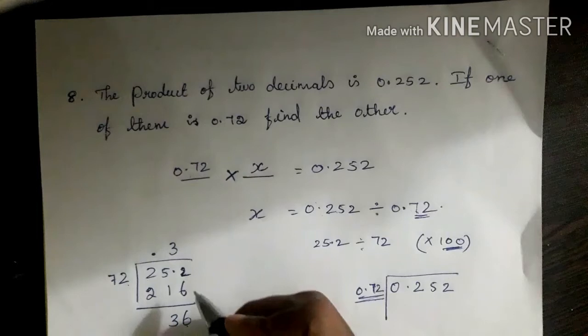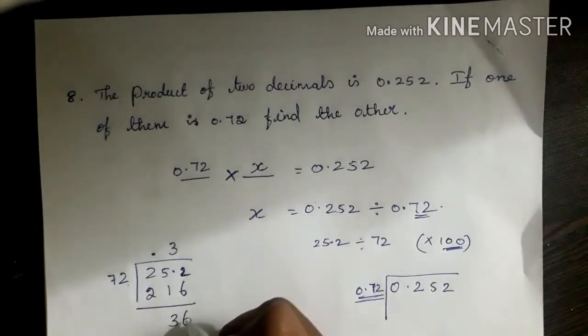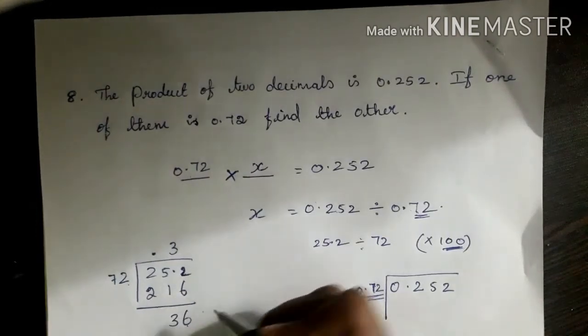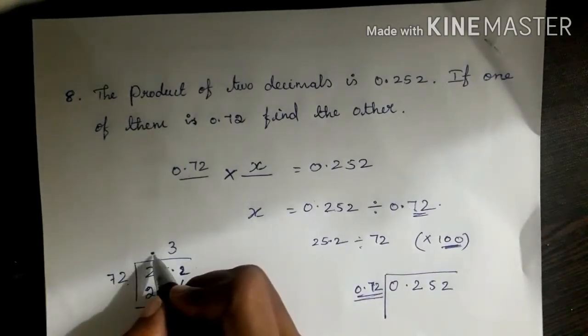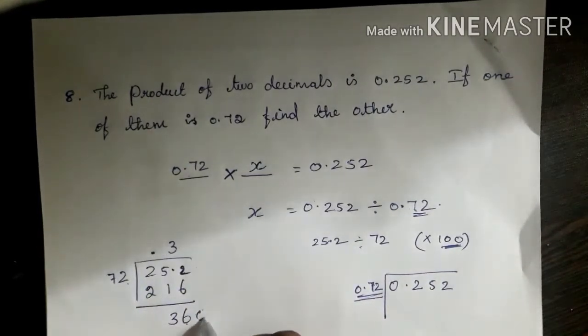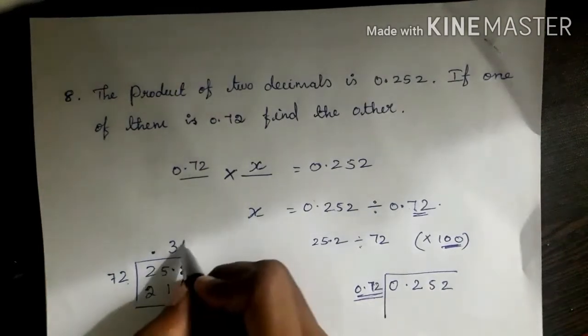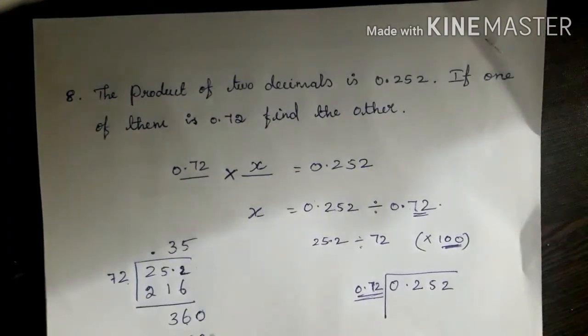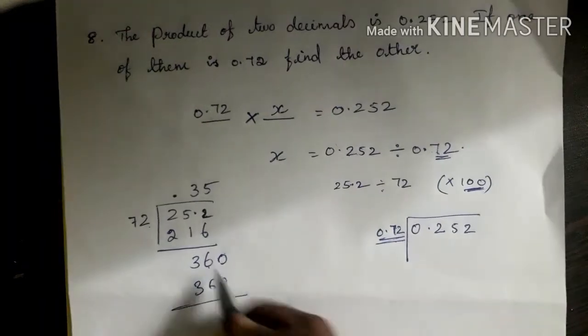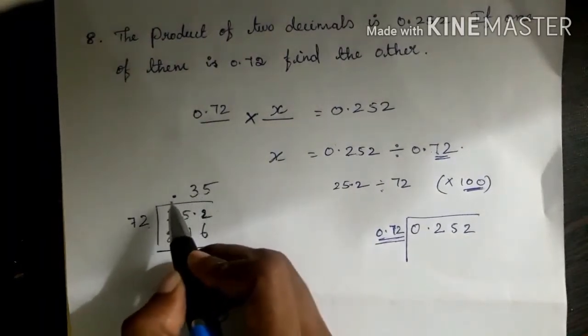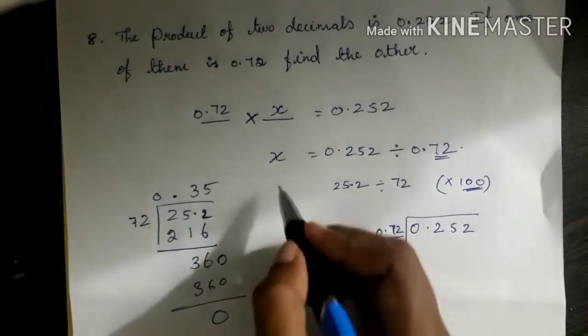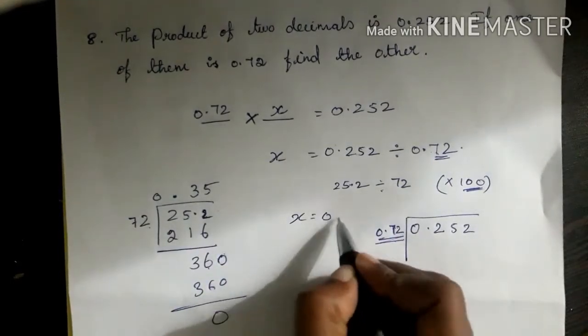Now 36 is smaller than 72, we can't divide, and there is no number to take down. So what to do? The point is already in the quotient, so we can add 0. Now 72 fives are 360, and subtract, 0. So what is our answer? 0.35. So our x answer is 0.35.